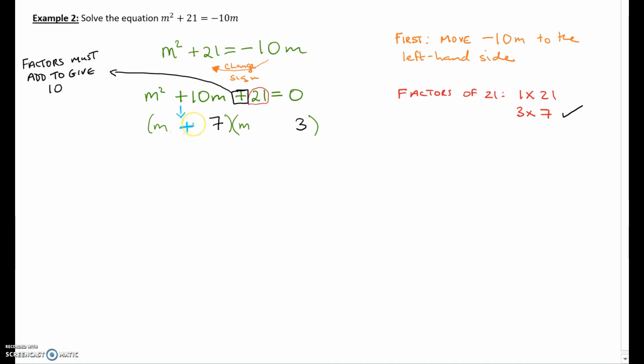So we have m plus 7. Okay. So the only bit that's missing is what goes between the m and the 3 in the second parenthesis. In other words, what's the sign of the 3 in the second parenthesis? And to figure that out, we look at the last sign in the question, and it was a plus.